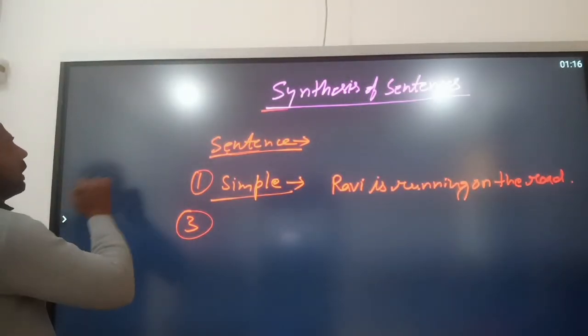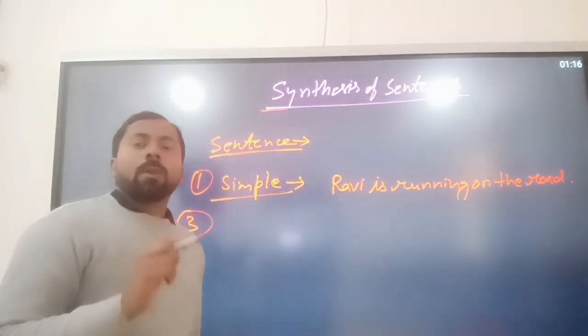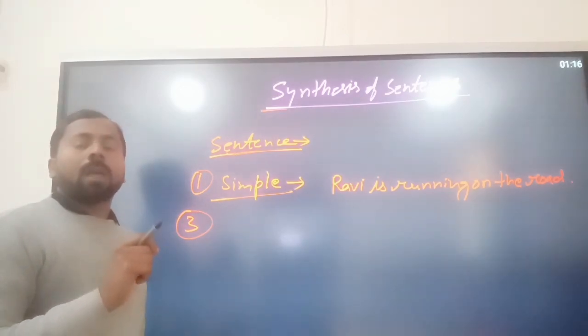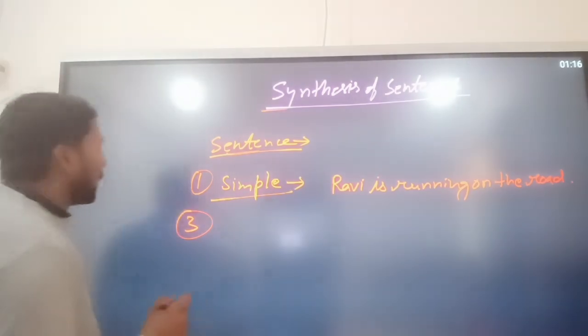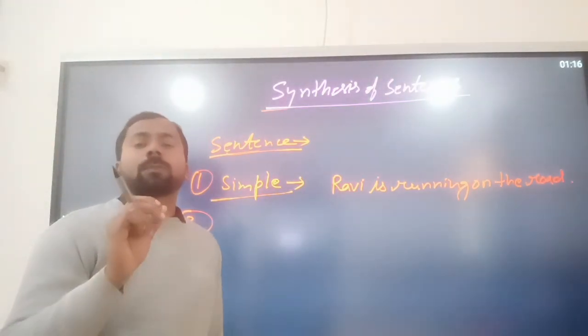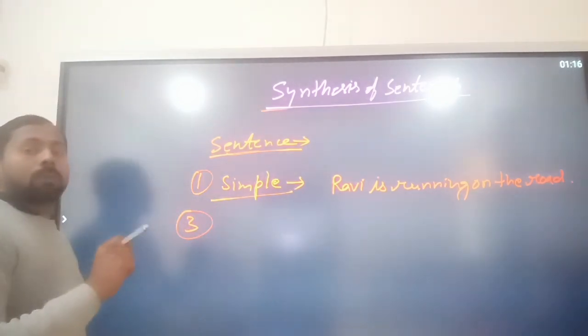First is the coordinating conjunction, second is the subordinating conjunction. When we add clauses with a subordinating conjunction, then we make a complex sentence. But when we add two clauses with the help of a coordinating conjunction, then it will be a compound sentence.